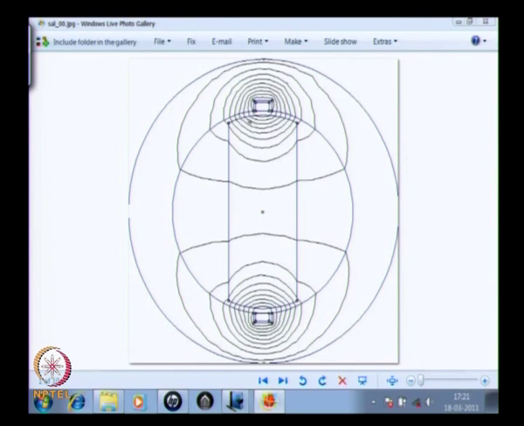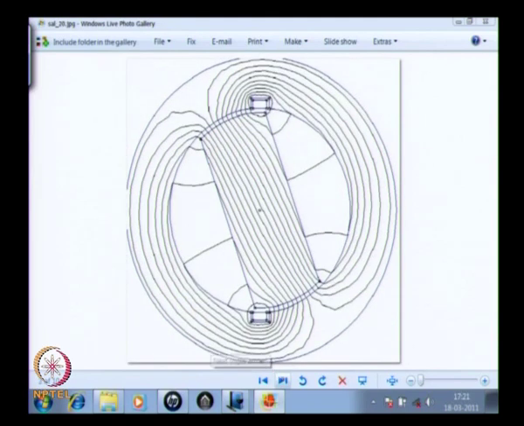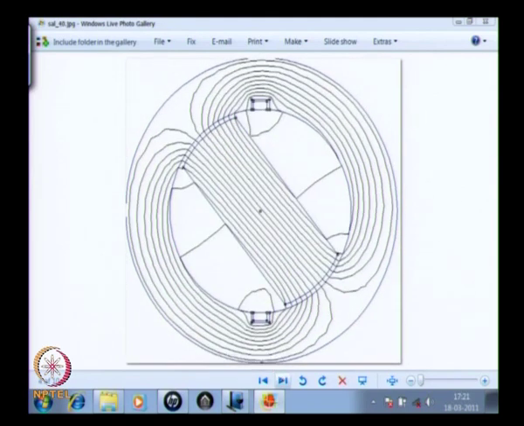Since flux passes out from one side and enters back into the other, the flux density here is greater than 0 at some high value, and the flux density there is less than 0 at some high value. As the rotor rotates, even under the pole phase the flux density distributions are going to change.